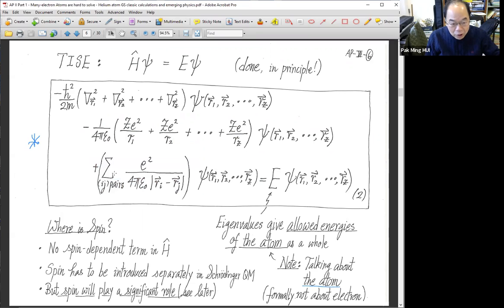First of all, there's a plus sign indicating that it is a repulsive potential energy function. Then it is e squared divided by the separation between two electrons. There are many pairs of it, but countable.